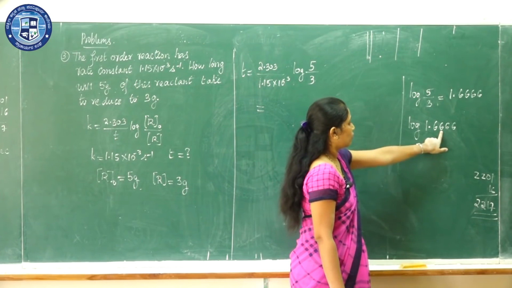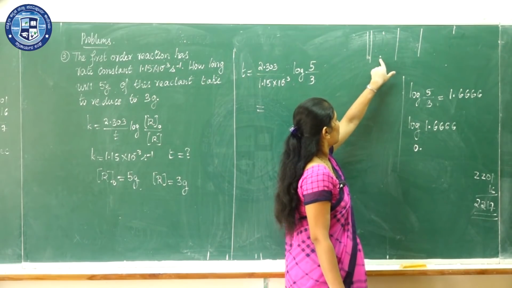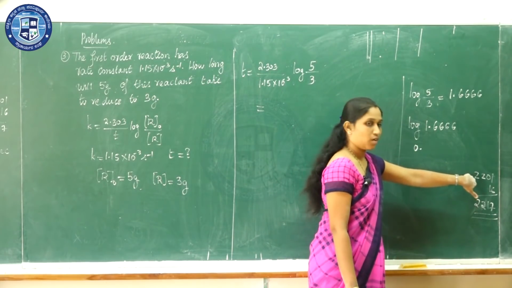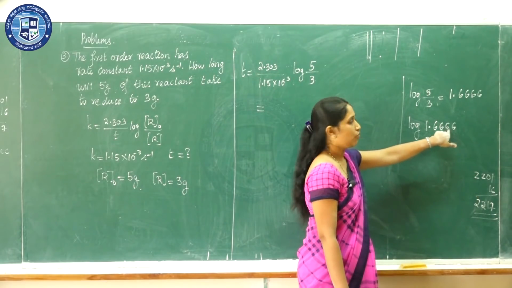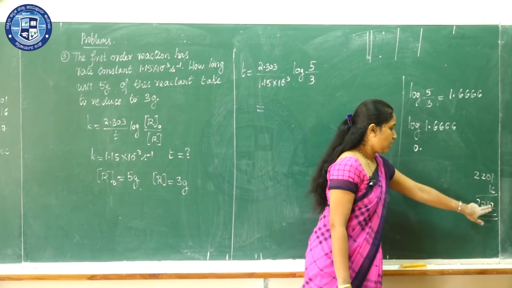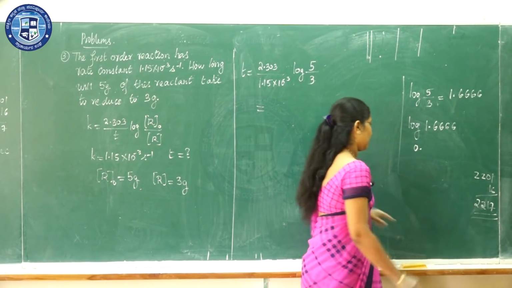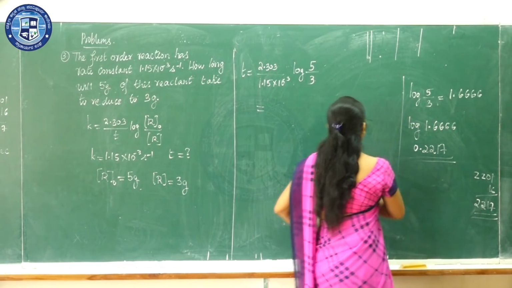For the third digit, look into the difference column, see where both intersect, that value comes out to be 2201. Then you have the 4th digit. For that you look in the mean difference column, 16, and add it. So you get 0.2217. This is the log.